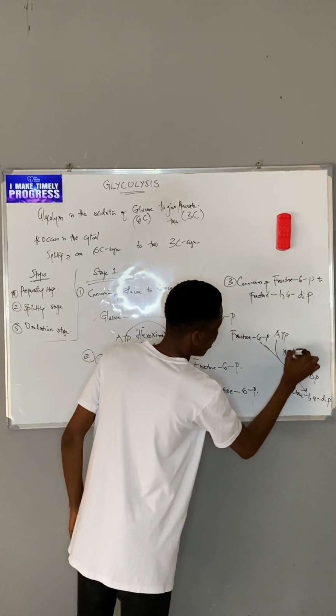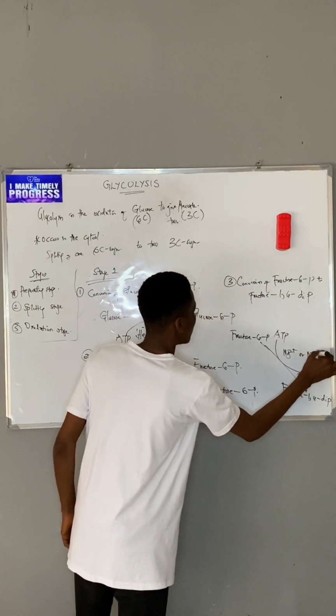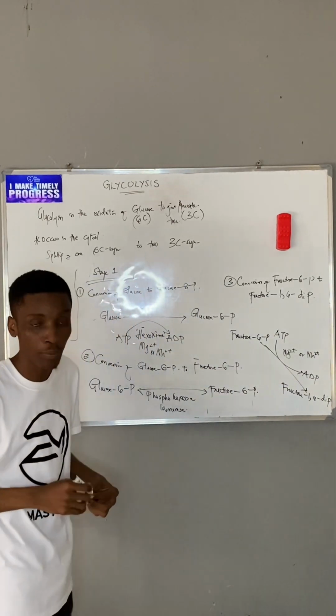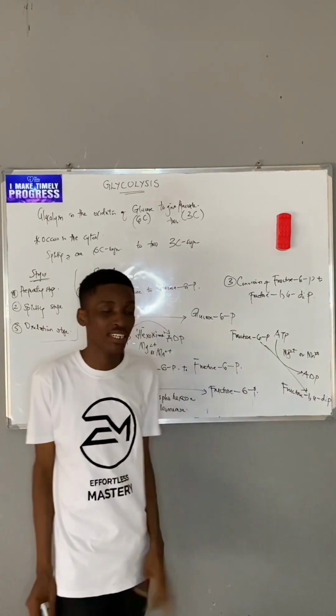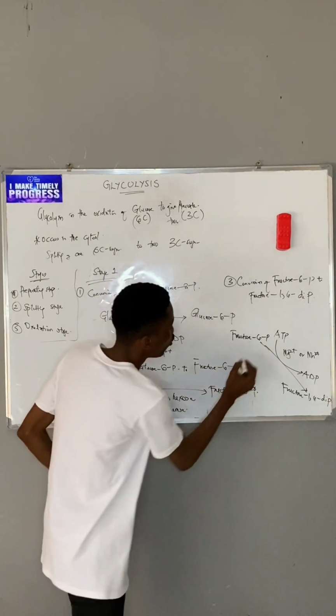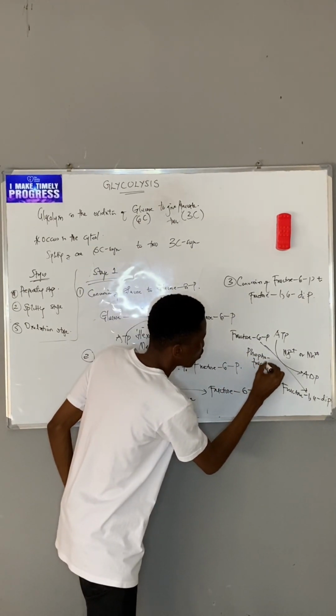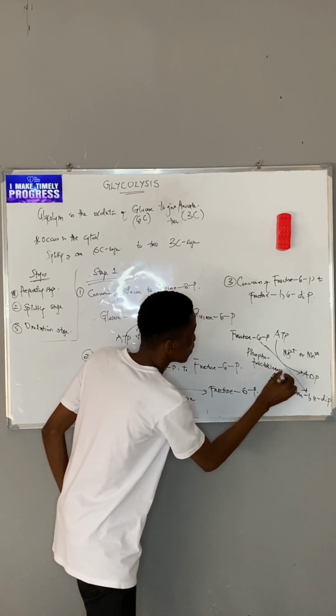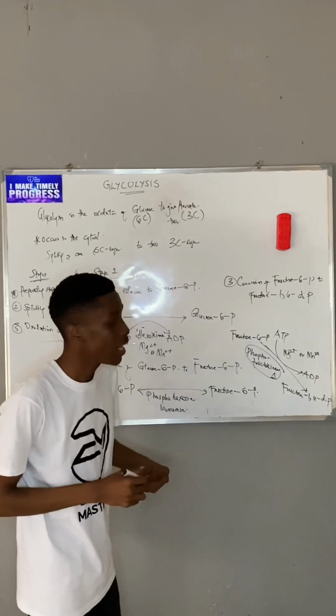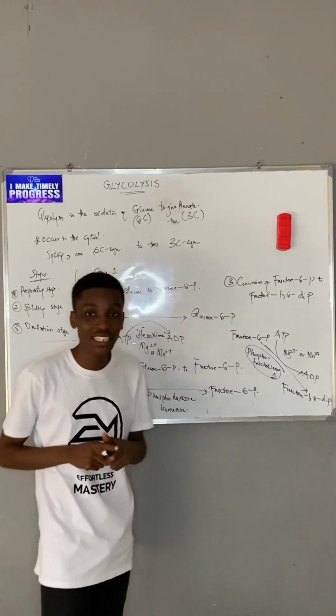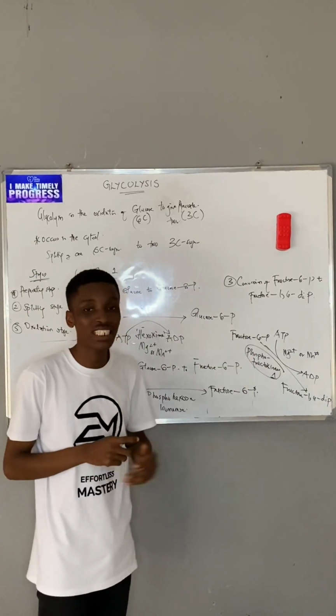You still remember our cofactors for any reaction that involves transfer of phosphate from ATP: magnesium and manganese. And the enzyme here is called phosphofructokinase 1. This enzyme is our rate limiting enzyme.